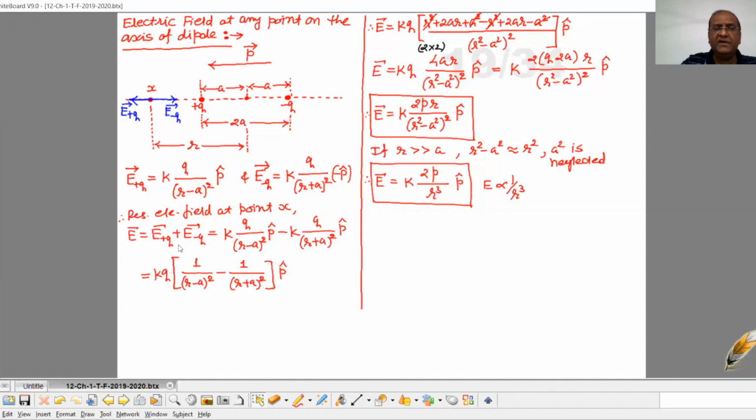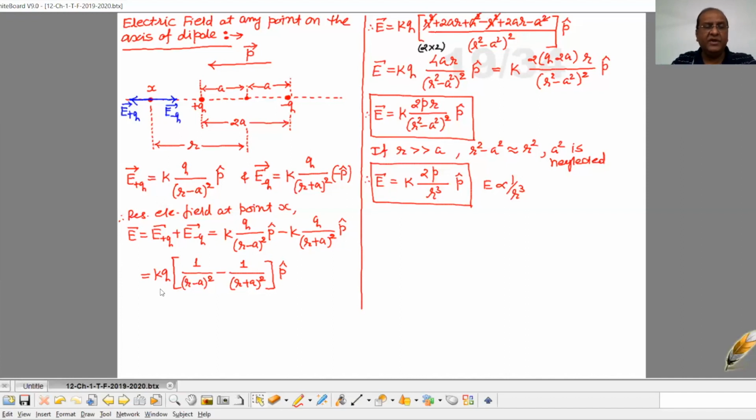Now the resultant electric field at point X is the vector summation of these two. So the resultant electric field vector E is E due to plus q plus E due to minus q. So we can write kq upon (r minus a) whole square p caret minus kq upon (r plus a) whole square into p caret.